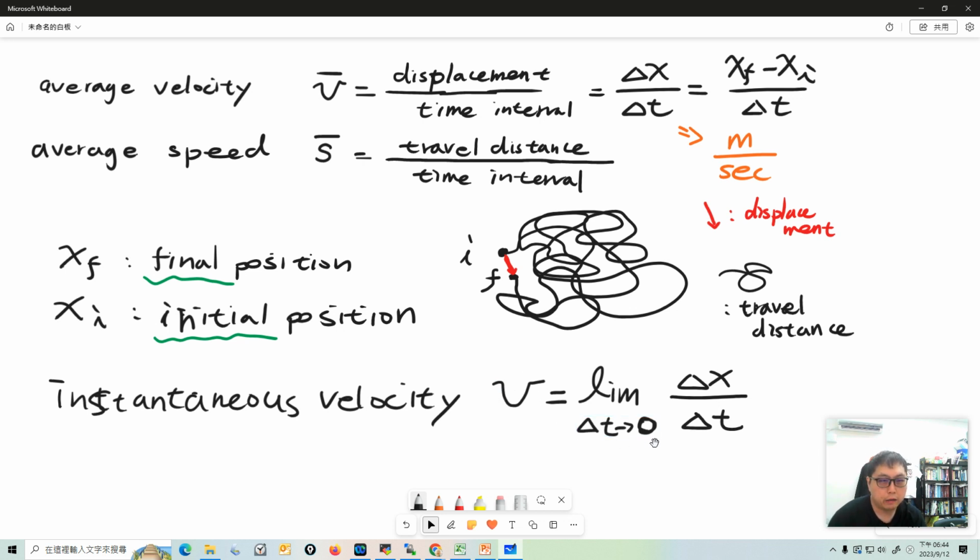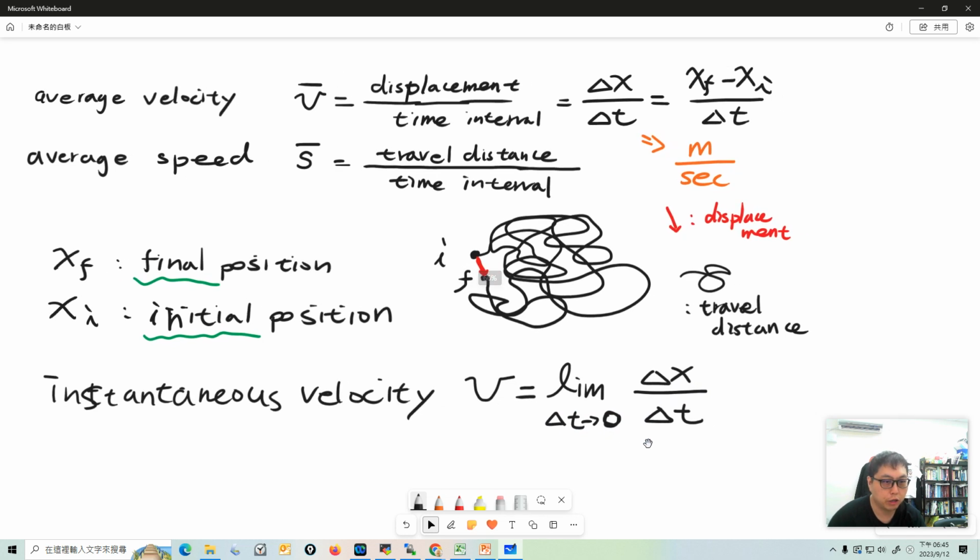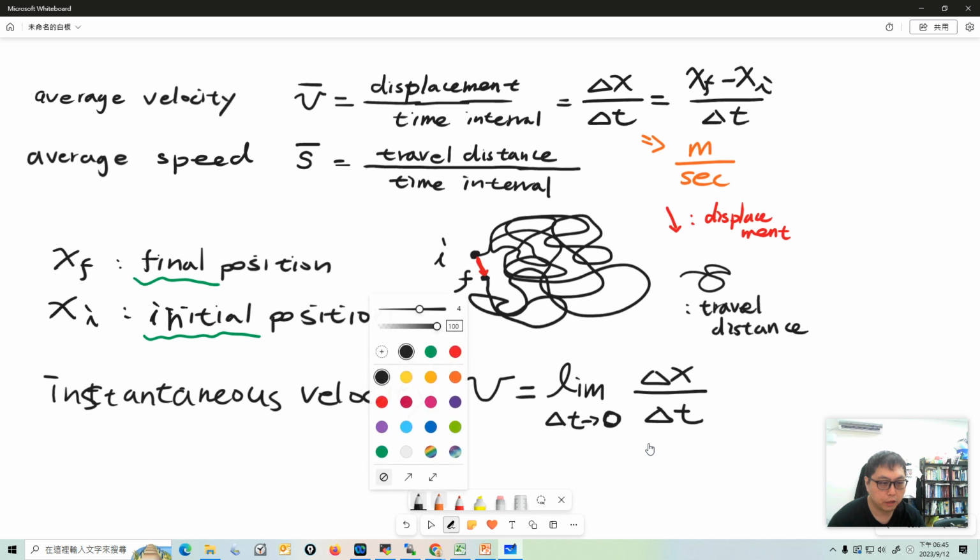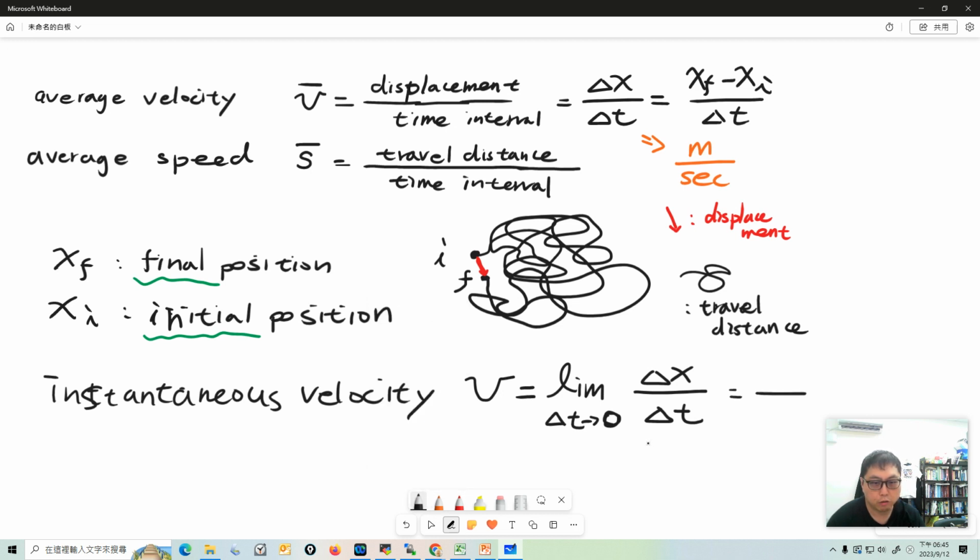And at the same time, I believe every one of you is learning calculus. This is the definition of the derivative, the derivative of x with respect to t. So if we use calculus language, it becomes dx over dt.